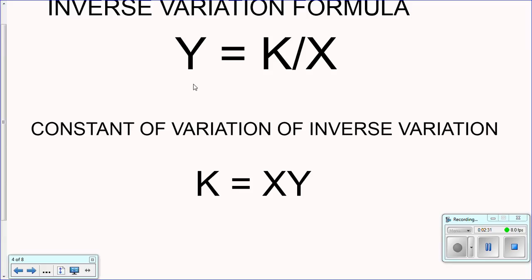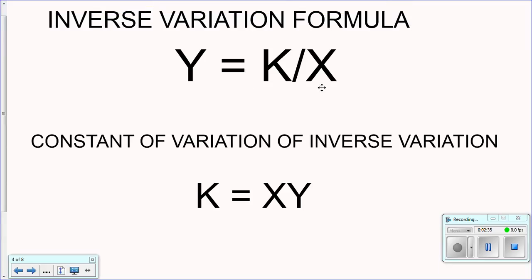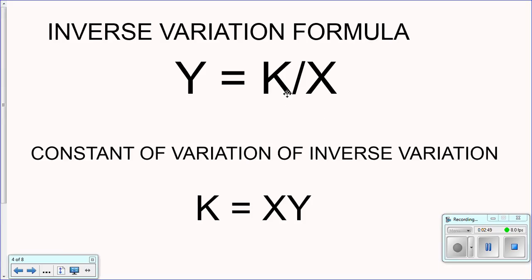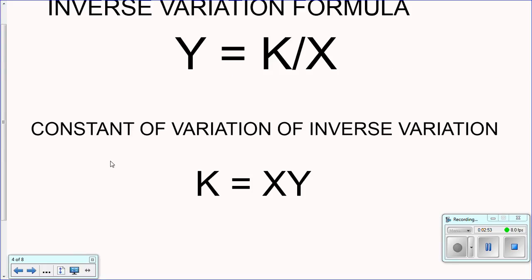They're all very similar to each other. If you know the actual inverse variation formula, you're fine. You can change it to get k by itself, or you can plug stuff in and find out what k is. So I would just memorize that if you're worried that this is going to get muddled in your brain, which would be my worry.